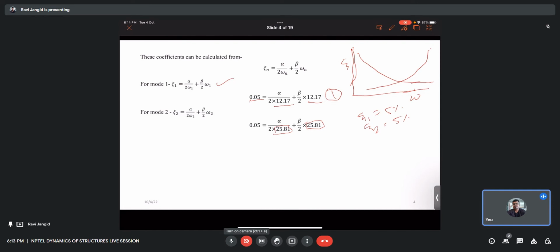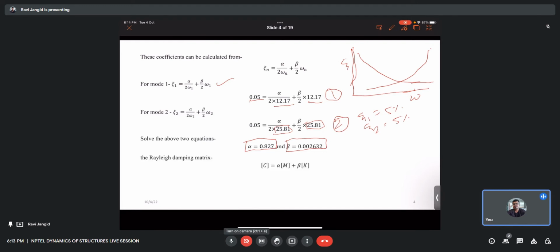If I put these in and solve both equations 1 and 2, then I find that alpha is coming out to be 0.827 and beta is coming out to be 0.002632.